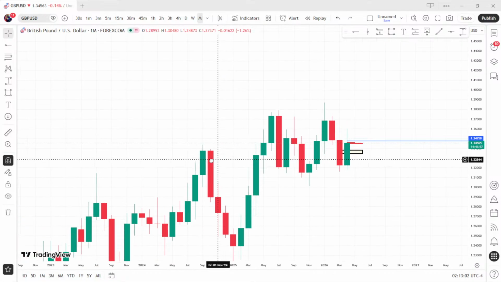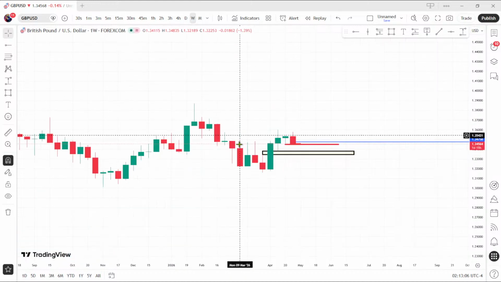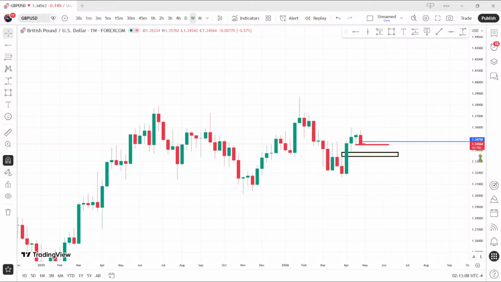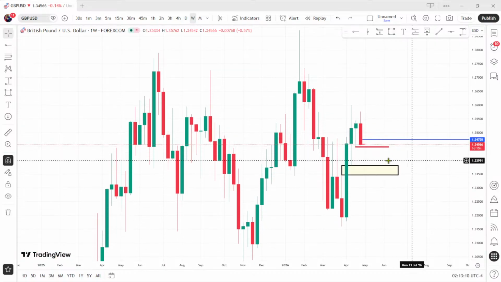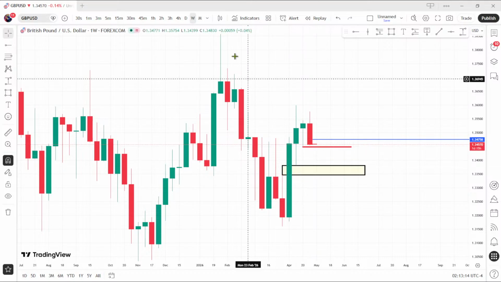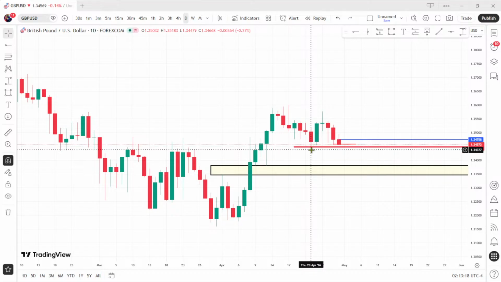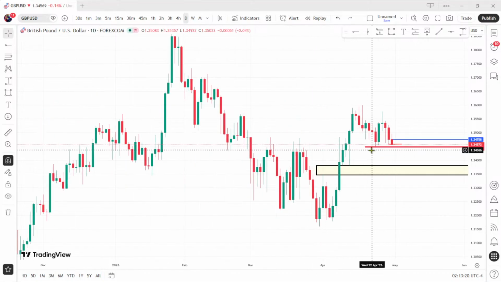I'm expecting bullish prices. Already marked that previous week sell side liquidity. That is also a daily sell side liquidity, right?